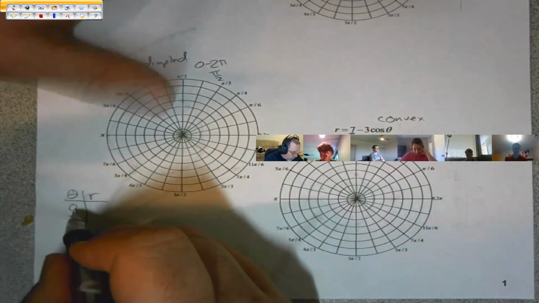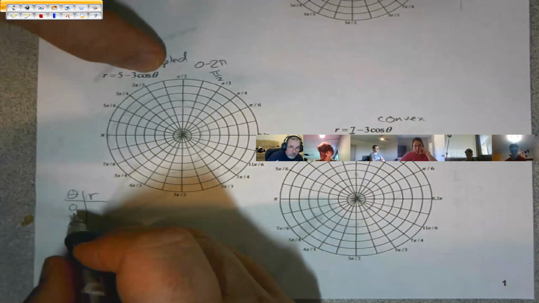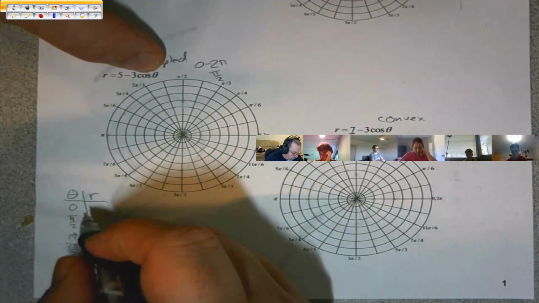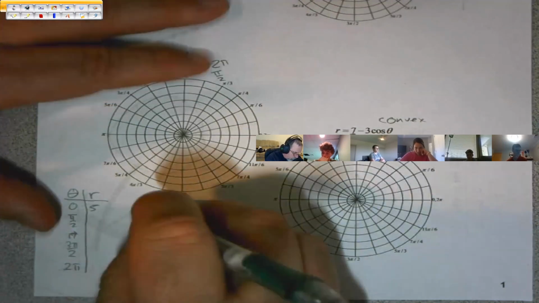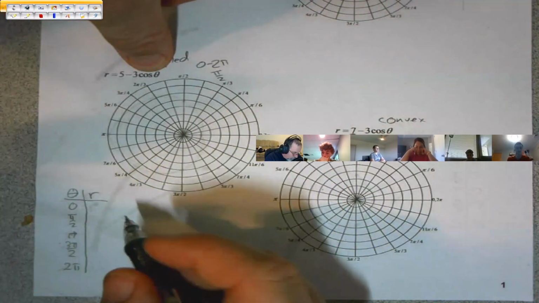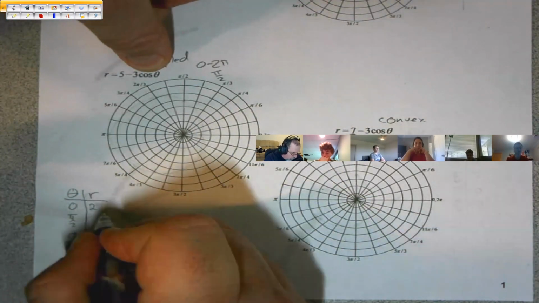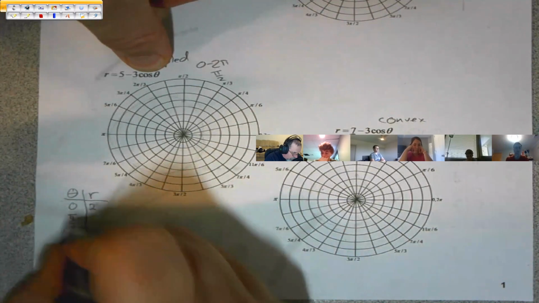So if I plug 0 in, cosine of 0 is 1, so 5 minus 3 is 2. Cosine of pi over 2 is 0, so that's 5.